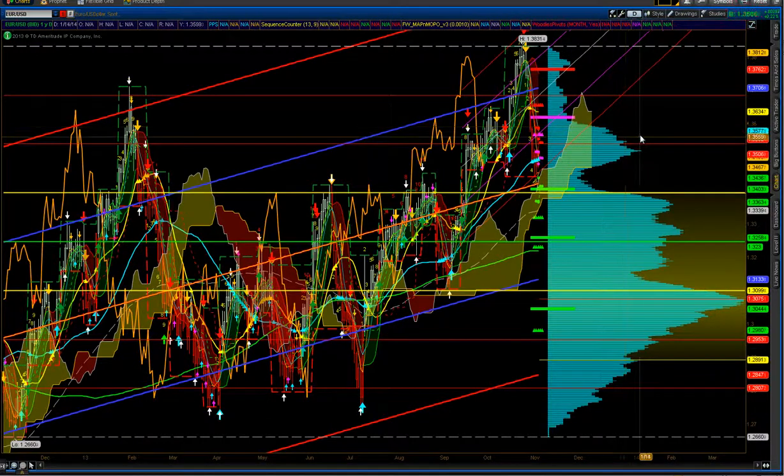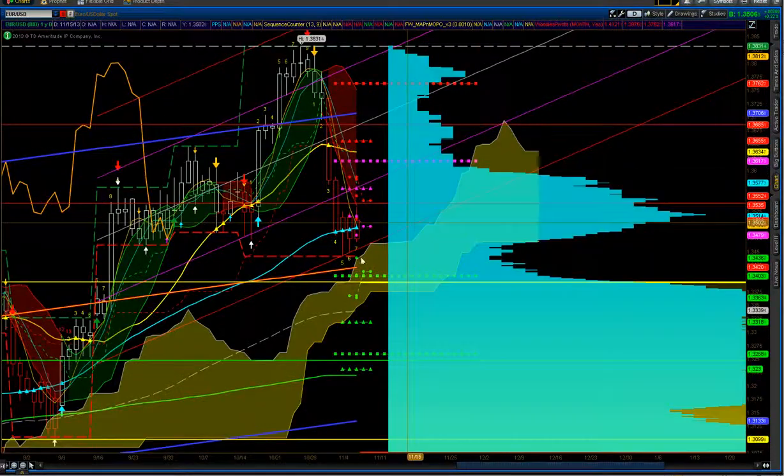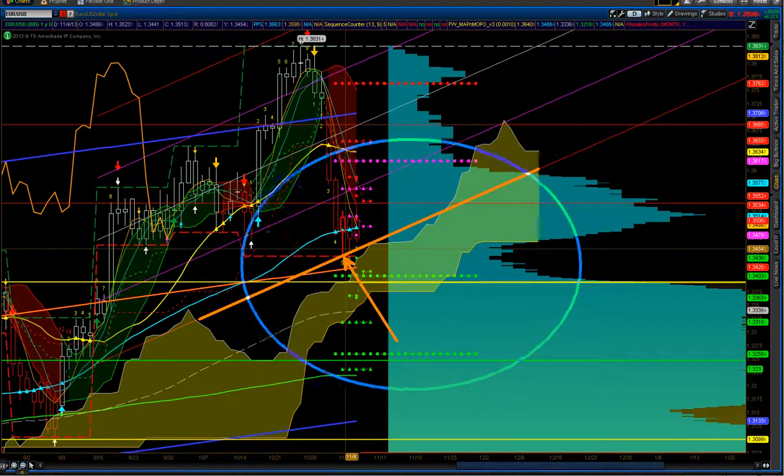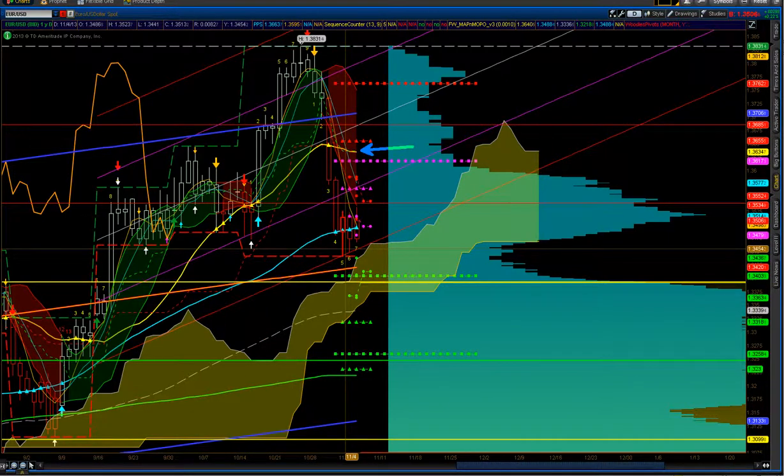So right now, this is the euro, and you see that we're at the bottom of this linear regression channel right here. So that's acting as support. You're above the Kumo cloud, which is this cloud right here, and you're trying to stay above the 50. Target would probably be, if I can clear this up, your 20.